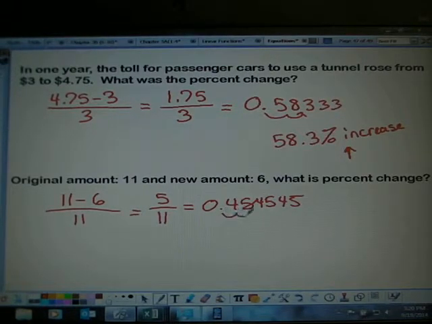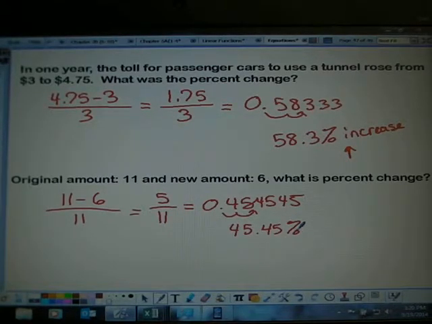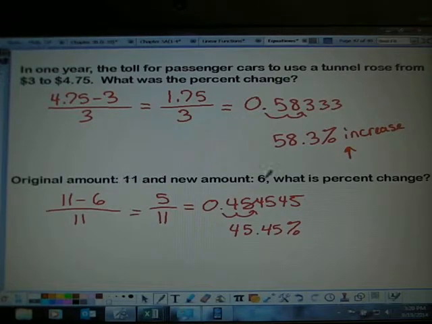Move your decimal 2 places to the right. So it's about 45%. Increase or decrease? The original amount was 11, and then it changed to 6. So going from 11 to 6, that's going down, so that's a decrease.